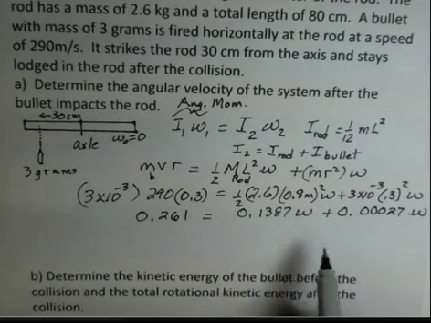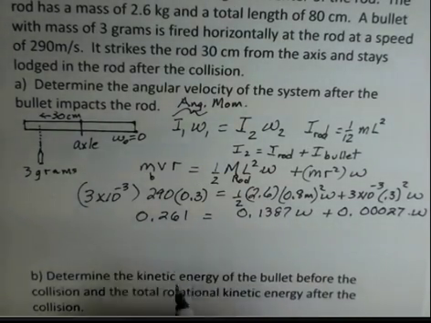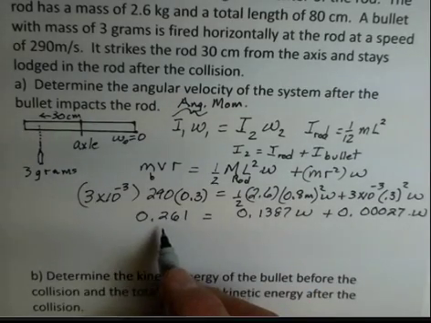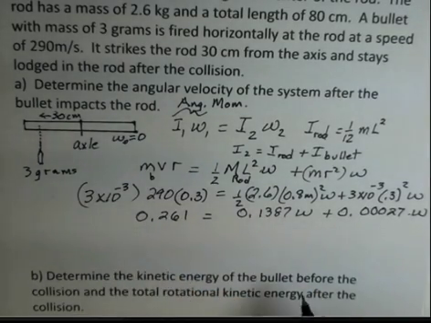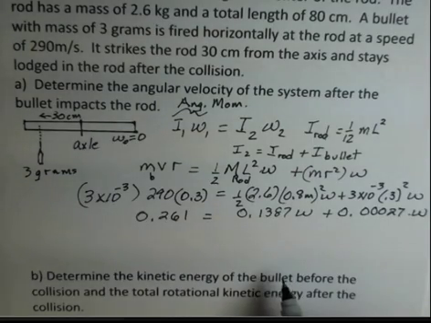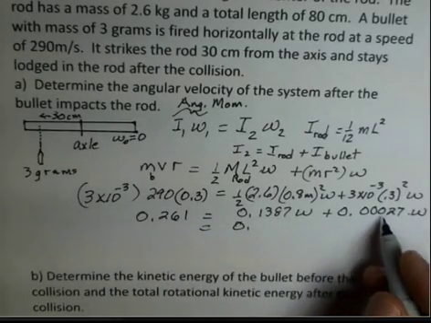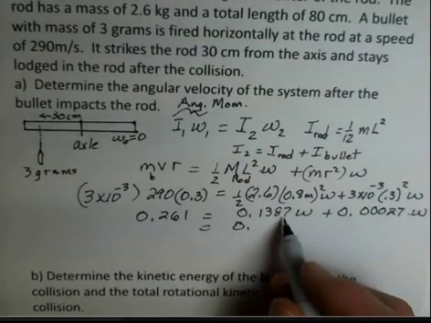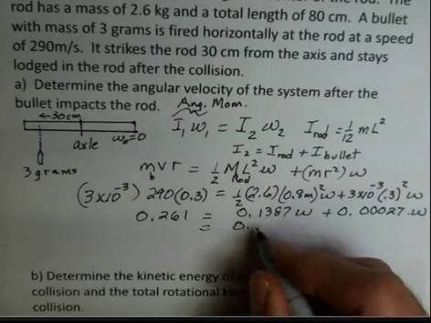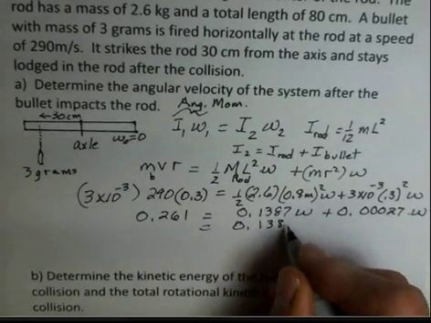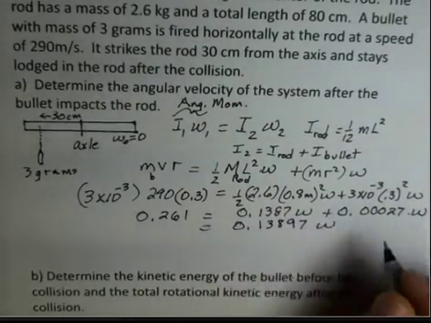Well, we've got like terms here, so we add those up and divide into 0.261. If I have done this properly, I'm going to just go ahead and add these up here. 0.13897 omega.